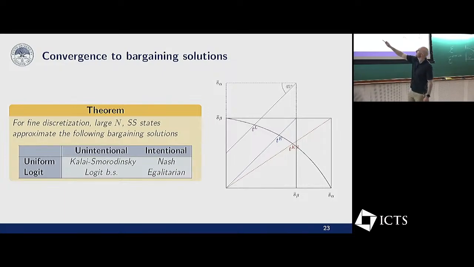So it's kind of nice that the three big bargaining solutions turn out to emerge from these dynamics. What's the logit BS, the logit bargaining solution, right? Well, that was new, and it's defined as what emerges in that thing, as coming from logit and unintentional.